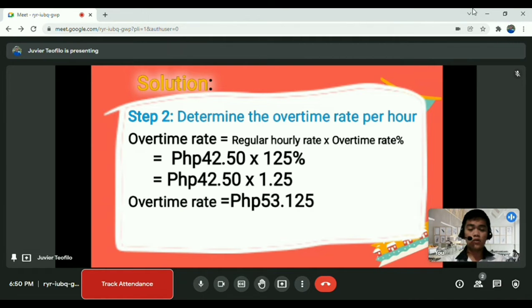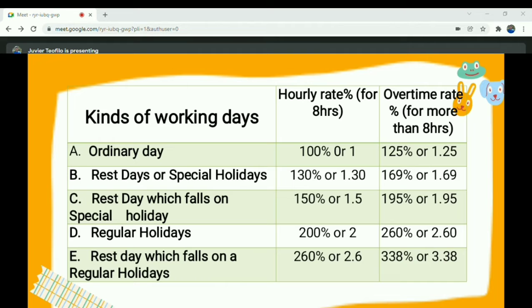According to the table that I discussed earlier, in an ordinary day we have an overtime rate for more than 8 hours of 125% or 1.25. This is according to the Labor Code of the Philippines. Okay, we're going to use this.